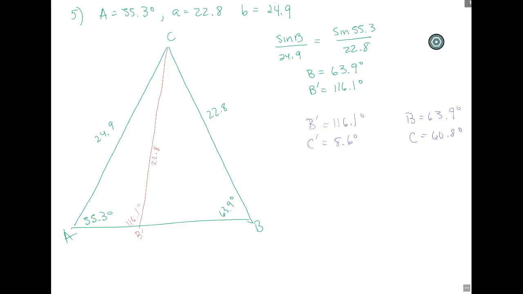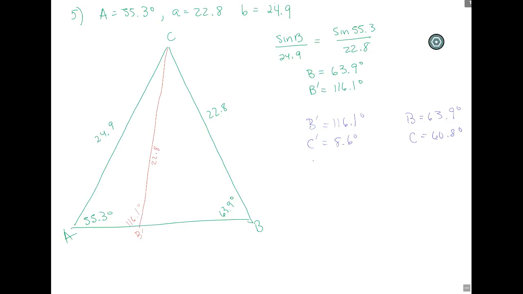So how I got this measurement is 63.9 plus 55.3, and I subtracted that from 180, and that's how I got the 60.8. And likewise, I did the same thing, 116.1 plus 55.3, subtract that value from 180, and you get 8.6.